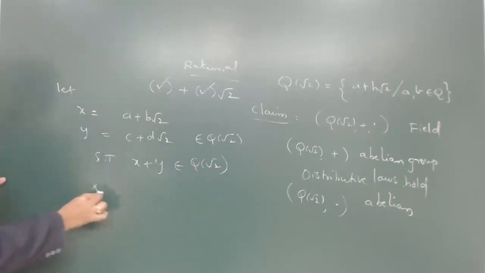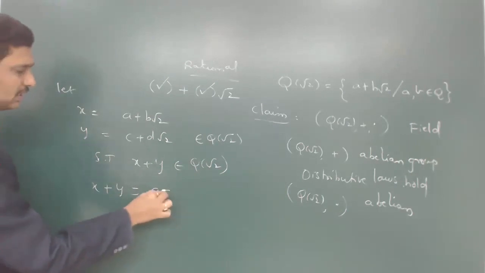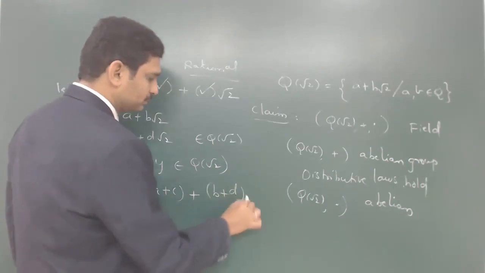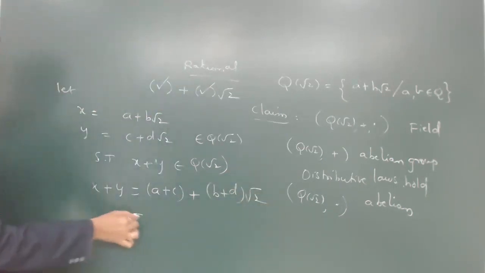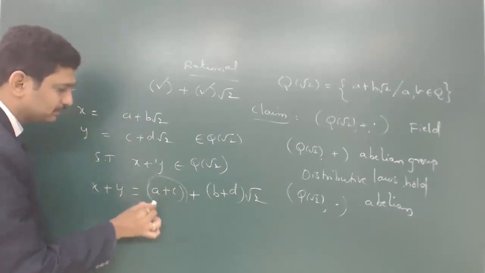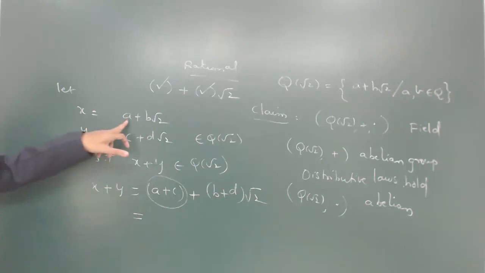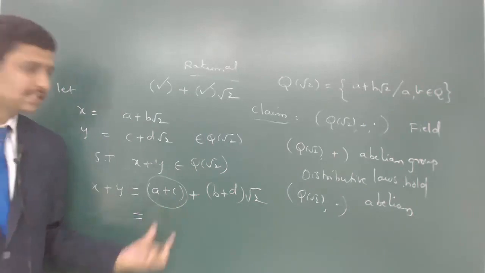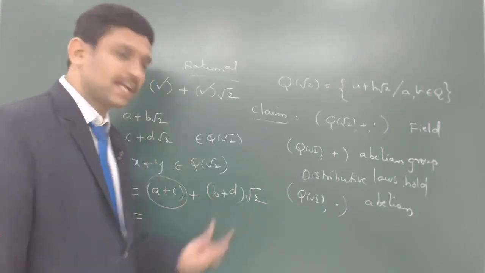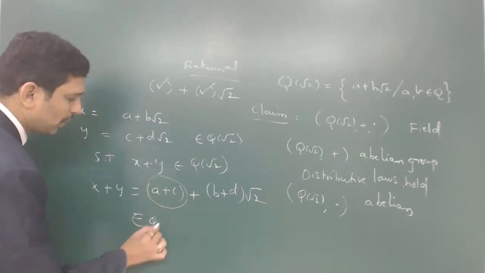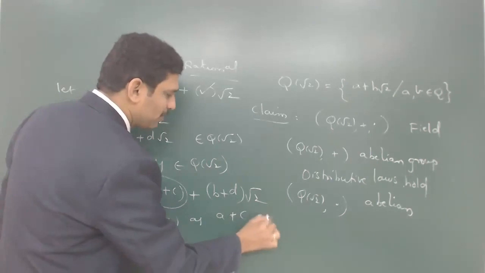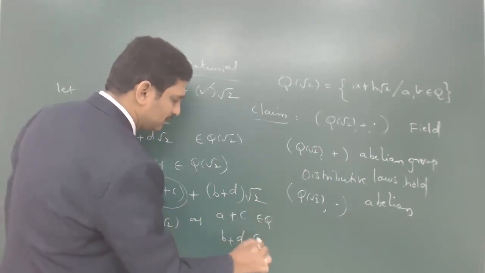If you consider the sum, it is nothing but (a plus c) plus (b plus d) root 2. Since a, b, c, d are rational numbers, a plus c is a rational number and b plus d is a rational number, so this value belongs to Q of root 2.